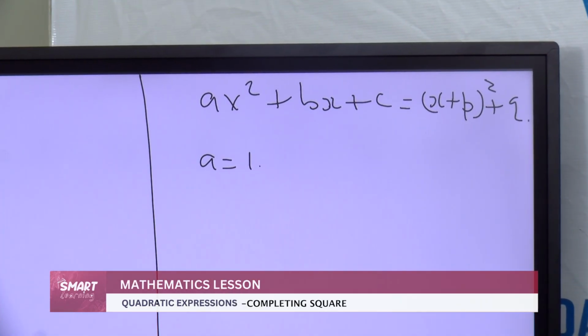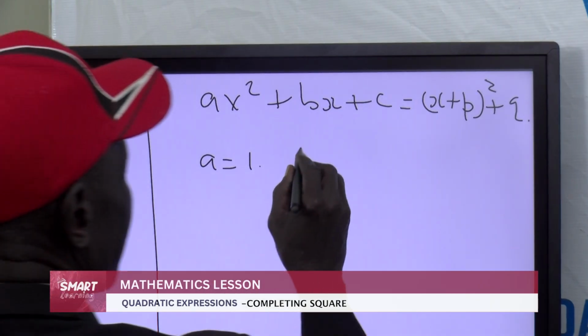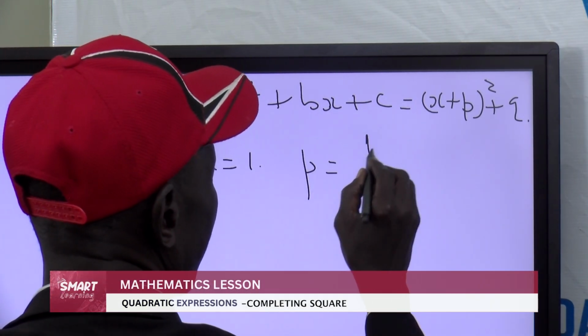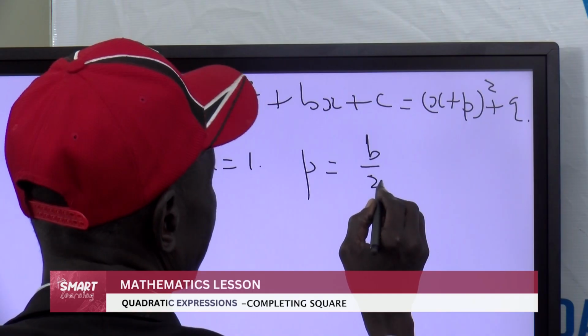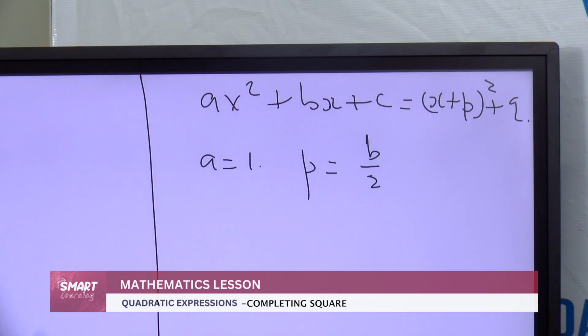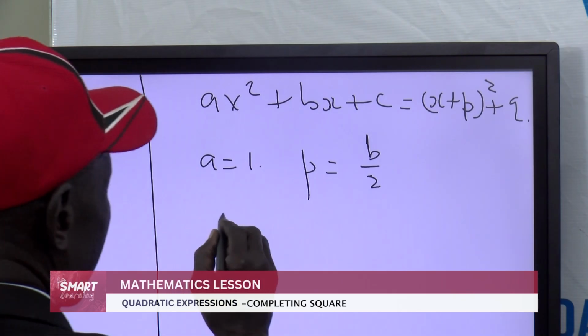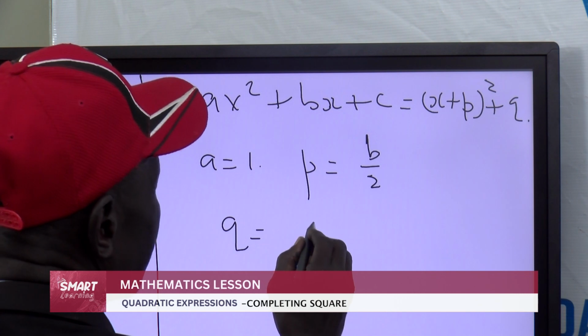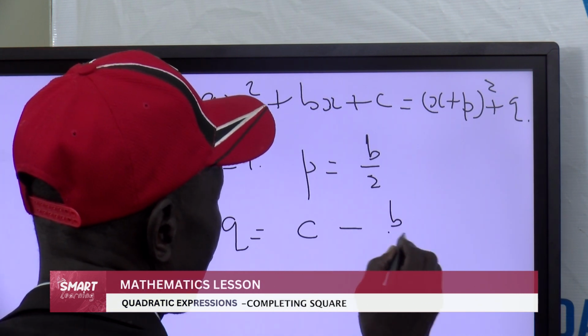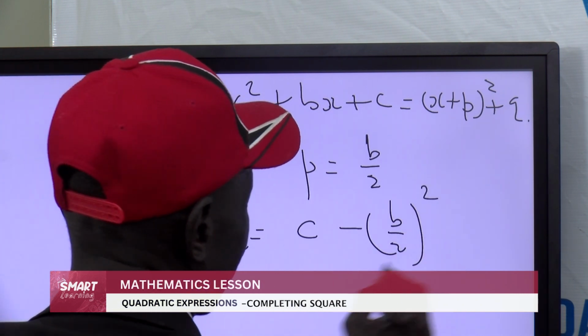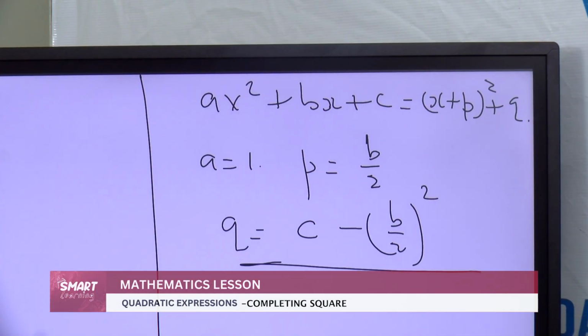How do I get my p? P equals b over 2. And how do I get my q? Q equals c minus b over 2 squared. That is how quickly you can get your p and q if a is 1.